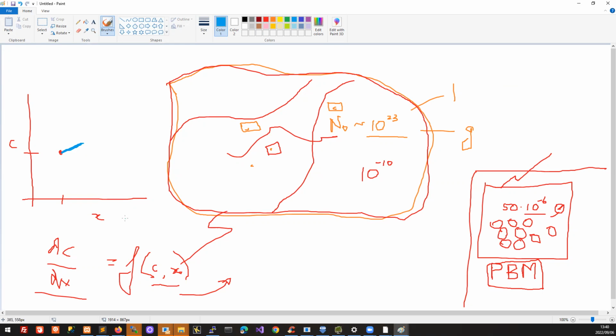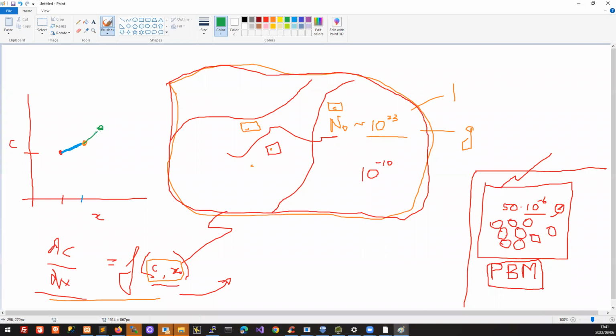And then what we do is say, well, if that's true, then let's step forward a small amount. And so we get to a new point here. This gives us a new value of c. And we say, okay, we've stepped forward. Now we are at a new value of x and a new value of c. Let's stick those in again here. And then that's going to give us yet another point. So we apply the new gradient, and that gives us another point here.